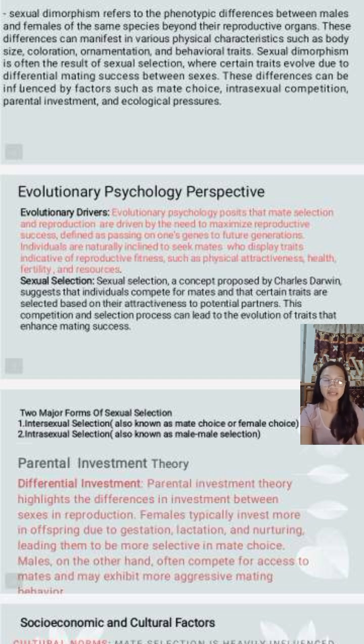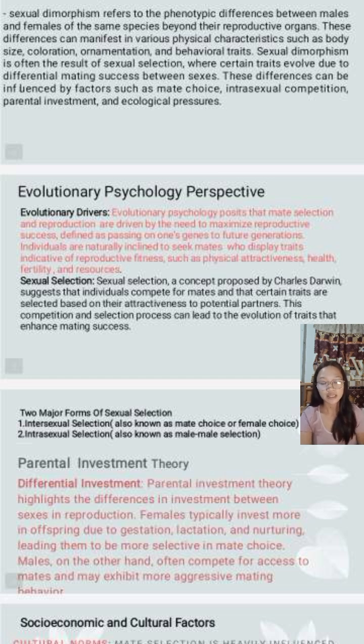So we boys, or we people, differ in our ideal man or ideal woman based on attractiveness. Some are all about physical traits, while others are about a person's characteristics. So, that is one of the sexual selections.